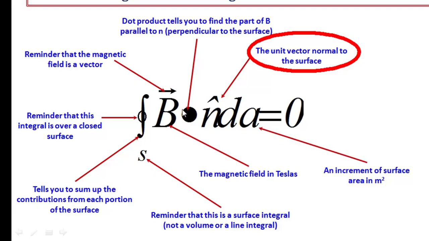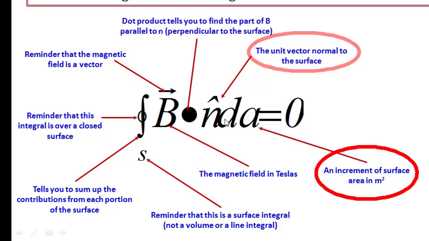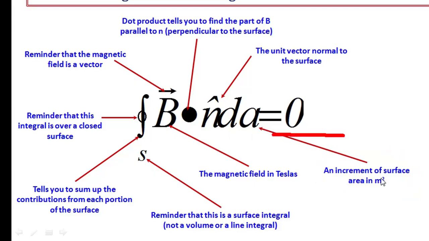This shows that if the surface is closed, the net magnetic field lines passing through it cancel out. dA is the incremental surface area, defined in meter square, and the right side is 0.